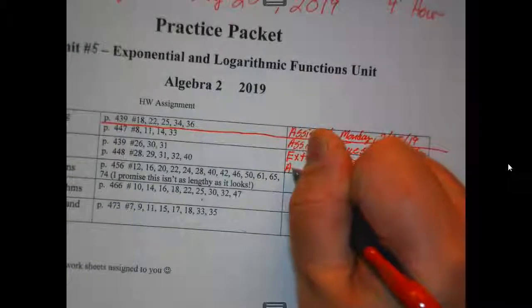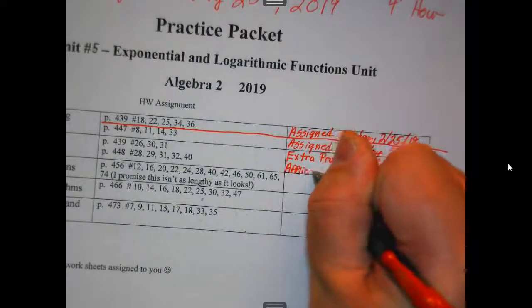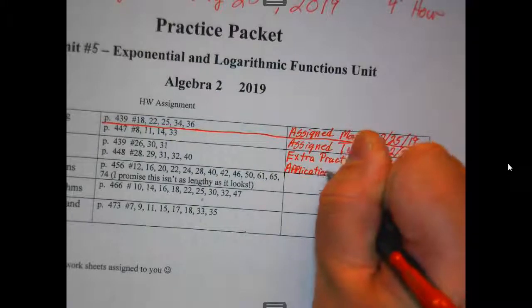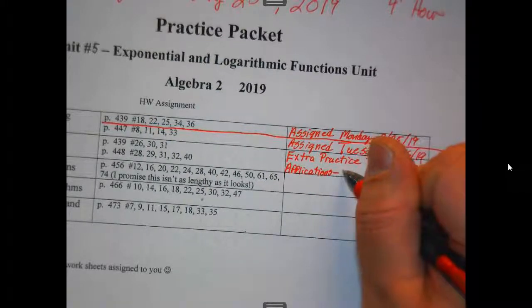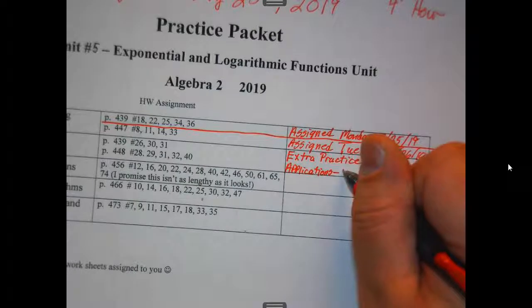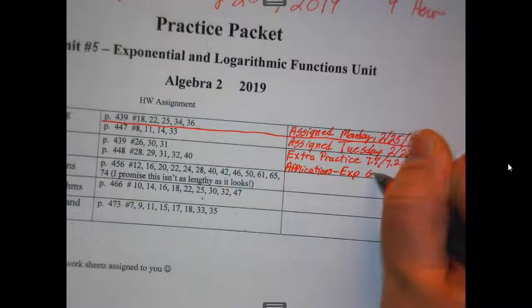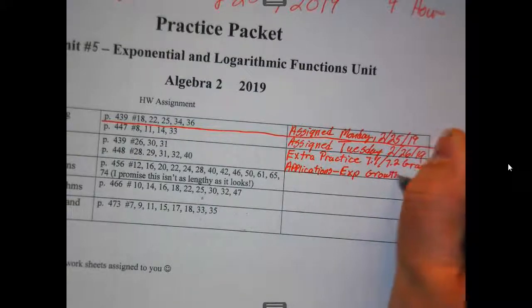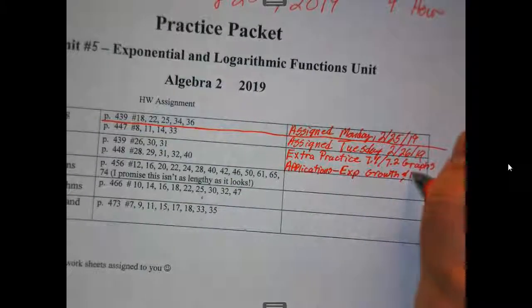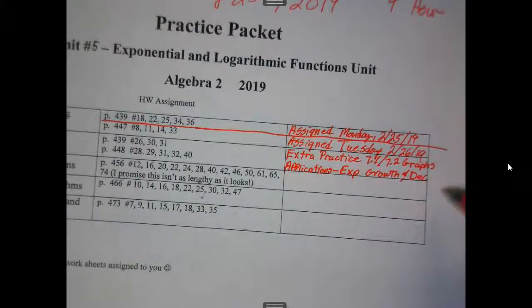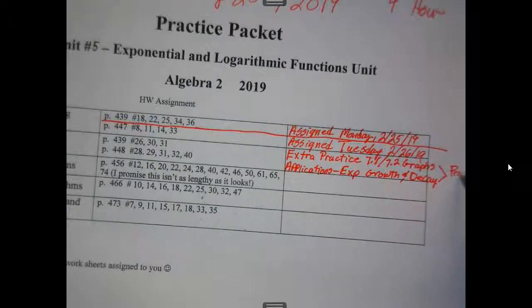And you're also going to do applications exponential growth and decay practice worksheet. And these are practice worksheets.